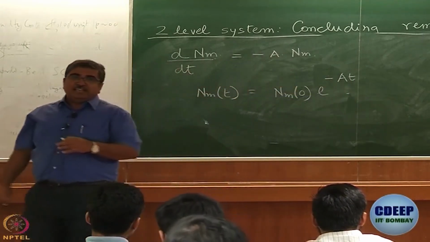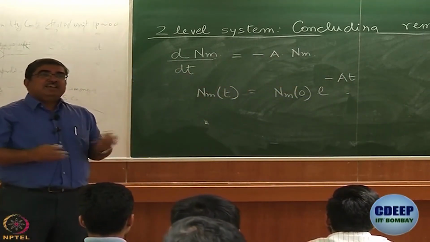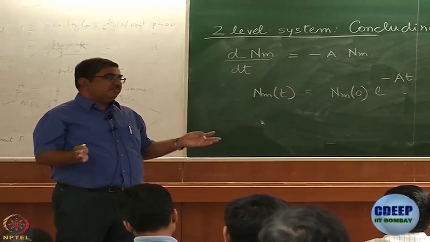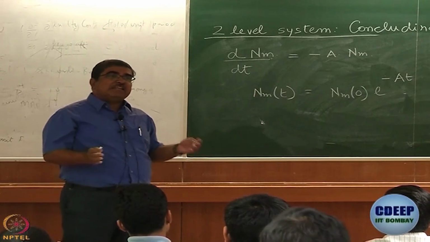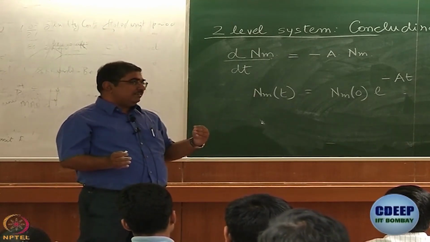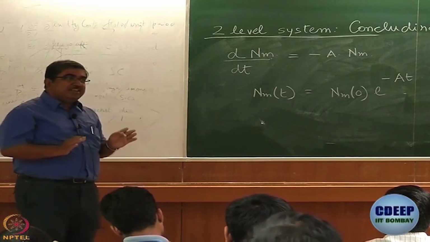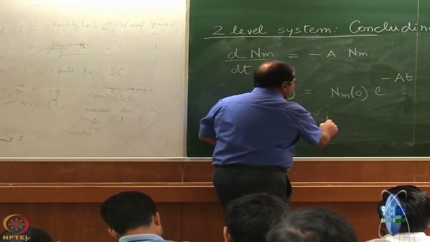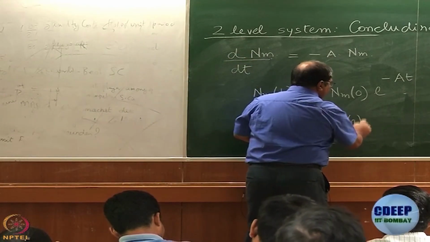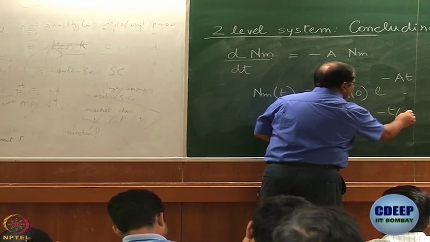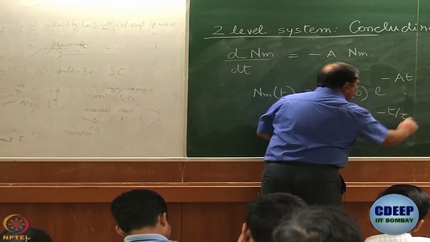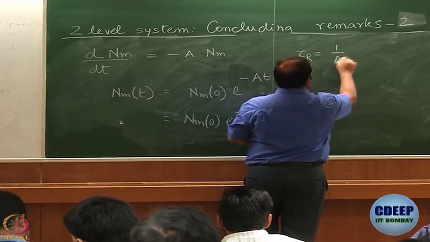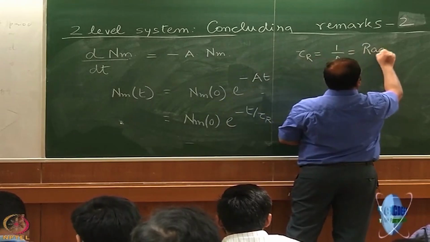So what we expect is an exponential decay. Same treatment as what you have done in your chemical kinetics class in class 11 or class 12. Okay? We expect an exponential decay of the population. It is conventional to write this expression not in terms of A, but in terms of what is called lifetime. In this case, I will call it tau r, where tau r is equal to 1 by A. It is called radiative lifetime.